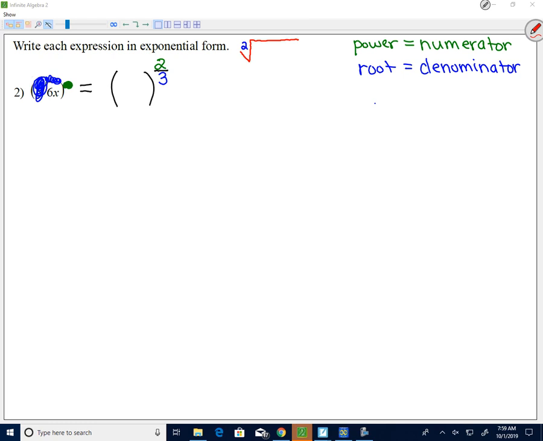And so what am I left with? 6x. 6x was under the root. So that's what I'm taking the root of and squaring. So that's what goes in the parentheses. And if I want a way of checking that, for any variable, I can just simply pick any number I want and substitute it in. A lot of people want to use a 1, but 1 works out for everything. So let's pick either like a 2 or a 3, something small, but that's not 1.